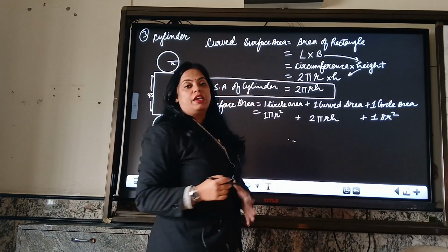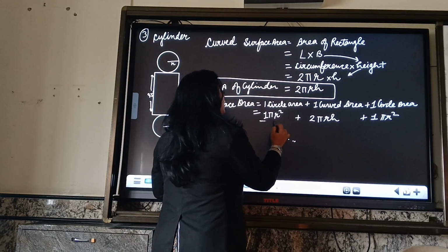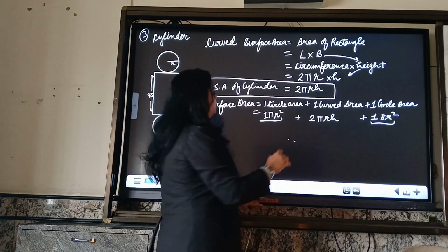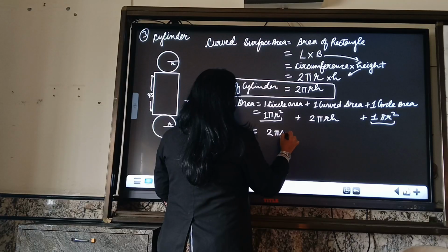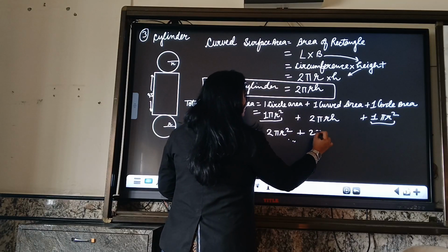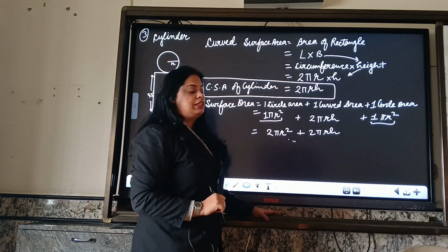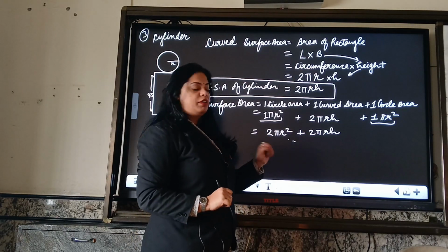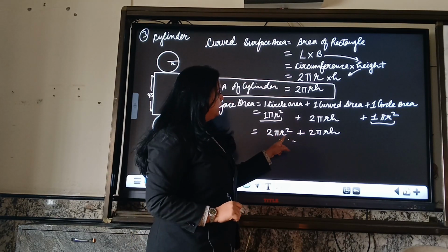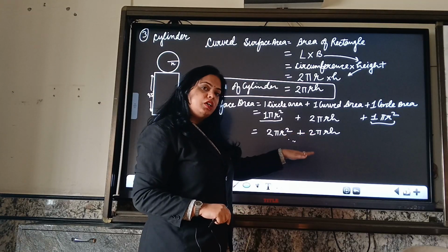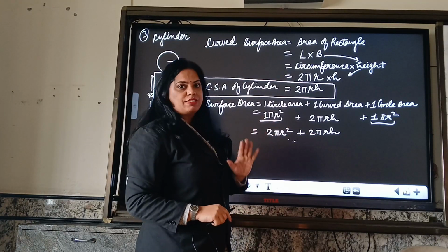So how many pi r square do we have? We have like terms, 1 pi r square and 1 pi r square, which will give you 2 pi r square. And here 2 pi r h will remain as it is. Now children, we can easily see that 2 is common, pi is also common, and here we have r squared and here we have only 1 r. We can take out r with the minimum power as a common value.